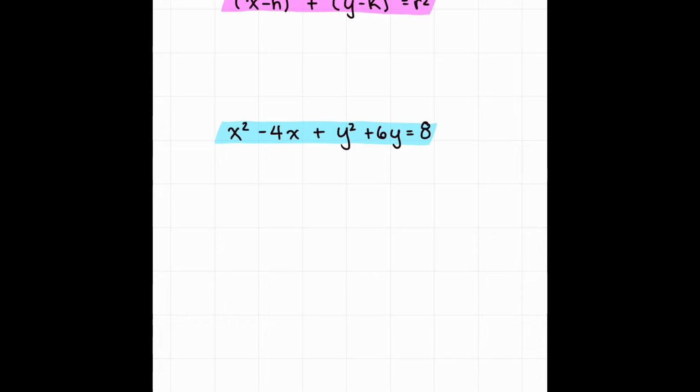So the first thing we're going to do is recognize that there is an x and a y component, and that is equal to 8.